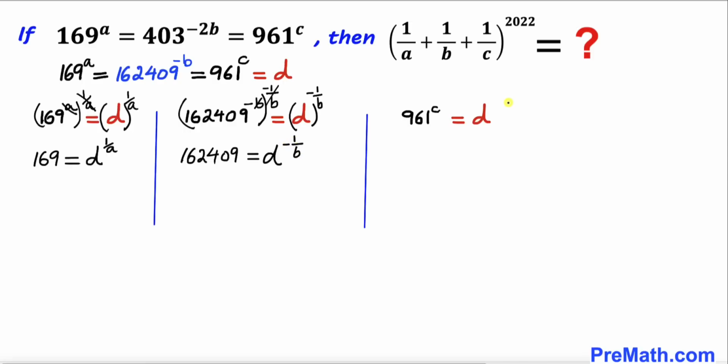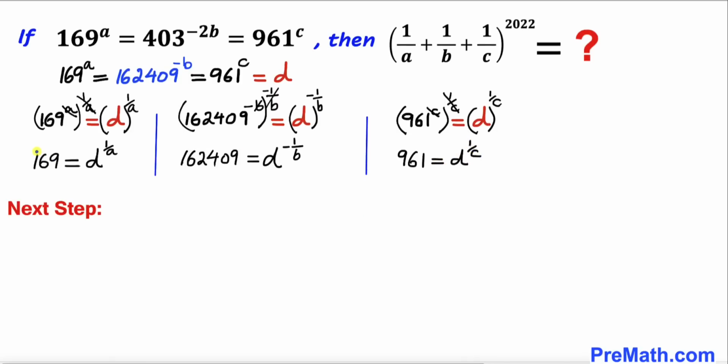Finally, let's focus on the last equation. We take power 1 over c on both sides. The c and 1 over c cancel each other out, so we end up with 961 equals d power 1 over c.